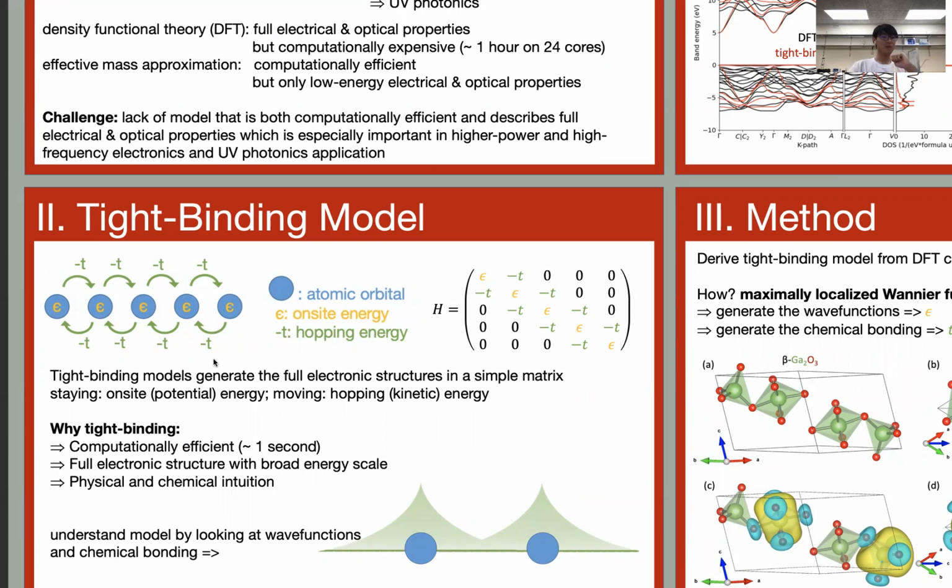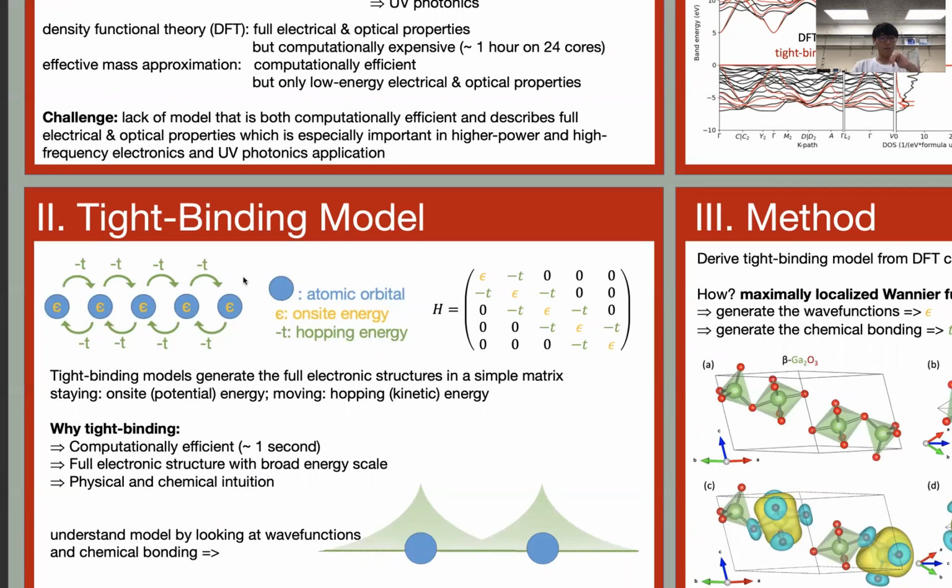So if you go to the tiny cartoon here, this cartoon has 5 atoms, each with an energy called epsilon. This is what we call the on-site energy. This kind of corresponds to the potential energy for electrons staying in that atom.